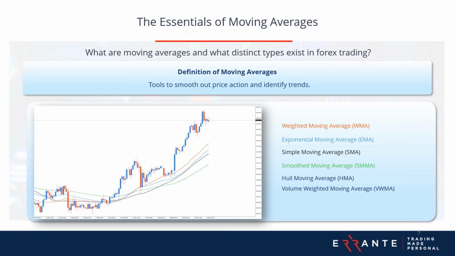We will also touch upon two other specialized types: the Hull moving average, or HMA, and the volume weighted moving average, or VWMA, each serving specific analytical purposes to cater to diverse trading strategies.